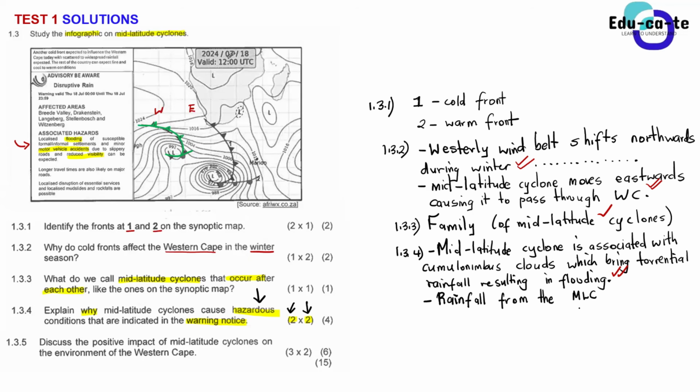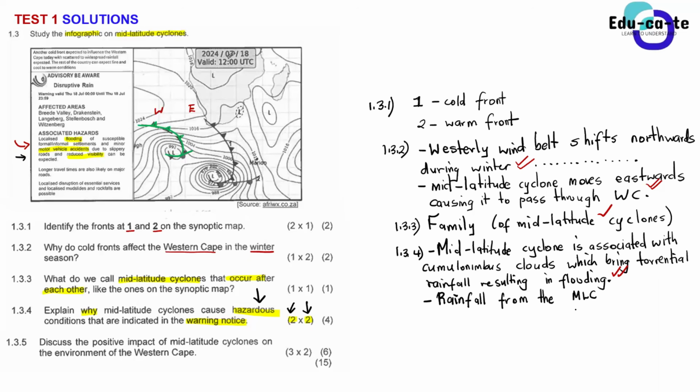When it's raining so much, you are going to have muddy roads, especially if you don't have tar roads in your area. Those dusty roads are going to be muddy, and if they are muddy, they're going to be slippery. When you are moving with your car on a muddy road, your car is likely to get into a motor vehicle accident. That's a hazard that has been provided in this infographic.